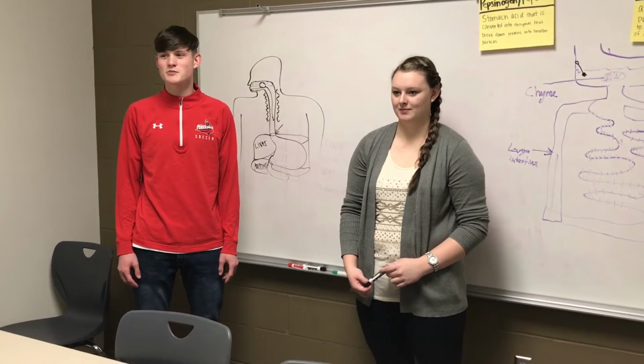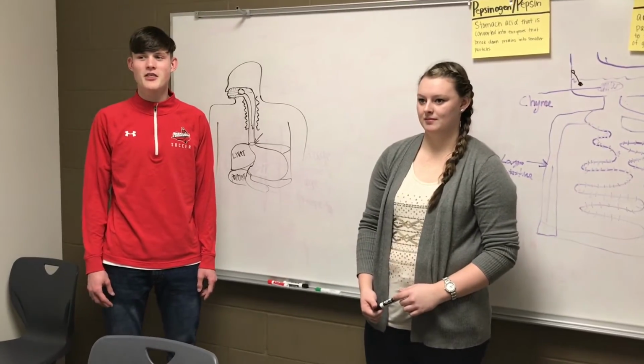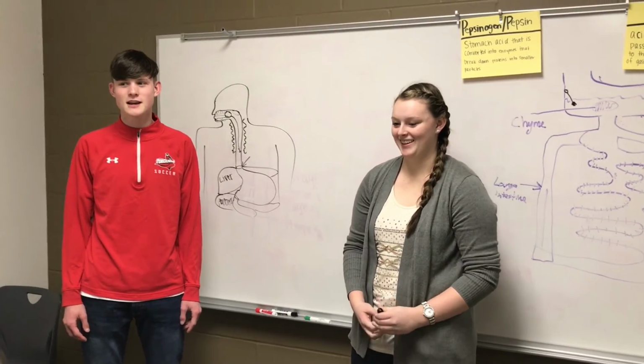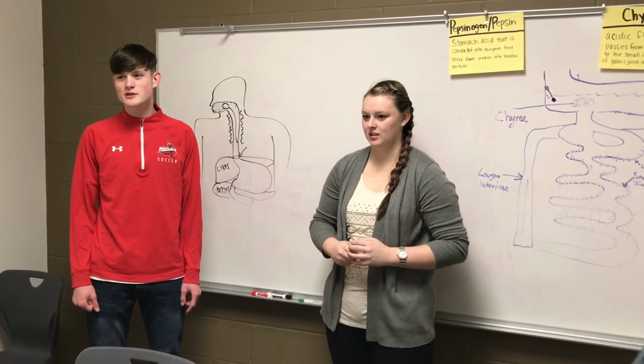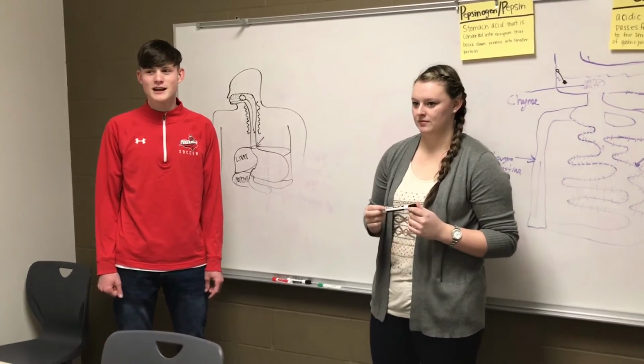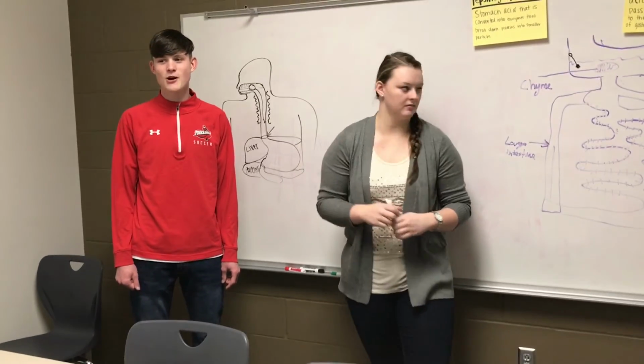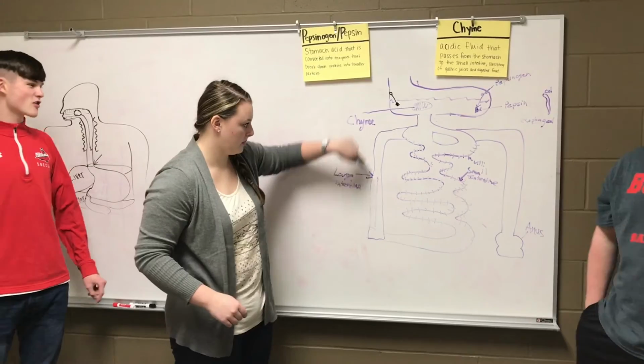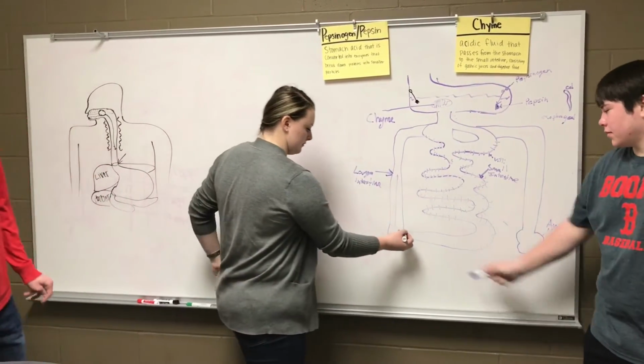The insulin controls blood sugar levels by regulating the metabolism of carbohydrates by converting carbohydrates into glucose, which will produce energy for your cells. Liquefied chyme then leaves the small intestine and enters the large intestine through the ileocecal valve.